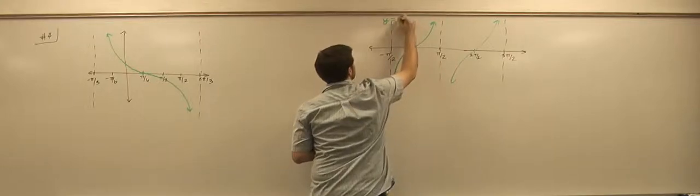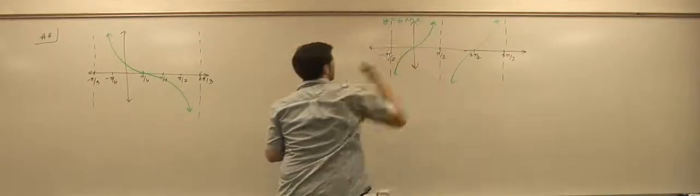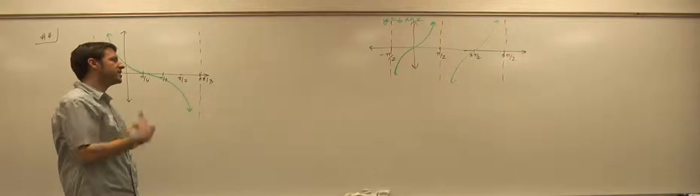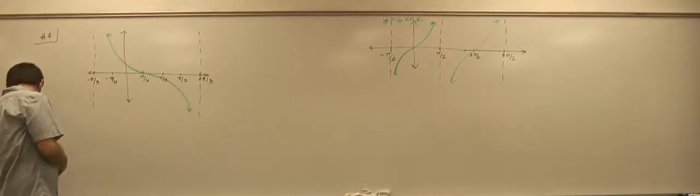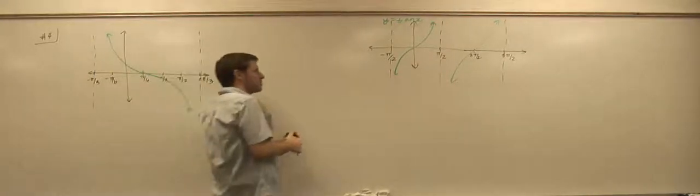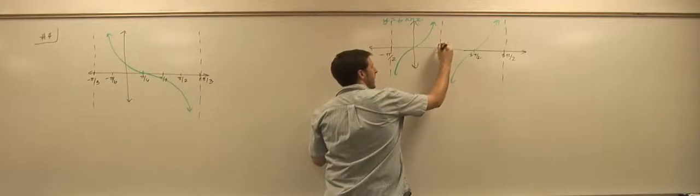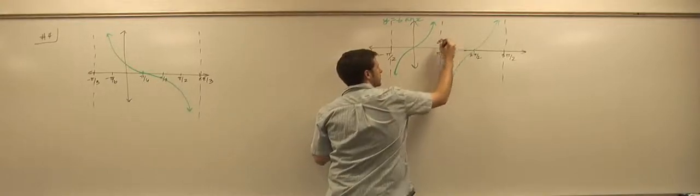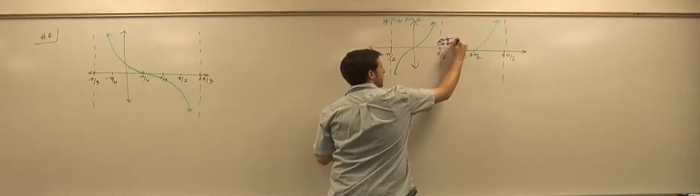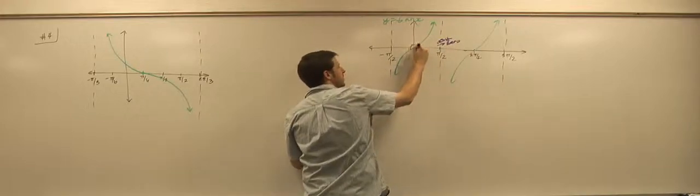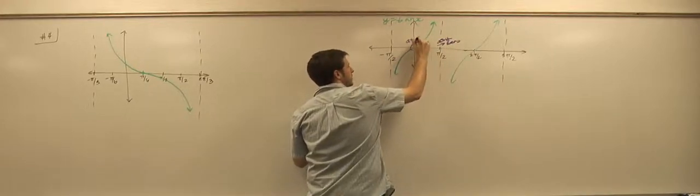This is tangent. So what do you have to do to tangent in order to get cotangent? Asymptotes turn into zeros, so this guy, which was an asymptote, will turn into a 0 on the cotangent graph, and this guy, which was a 0, will turn into an asymptote.